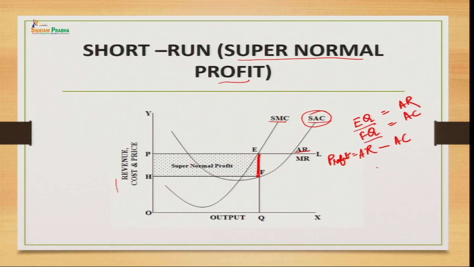When we multiply this per unit profit with the total output, because we are going to find out the total profit of the firm, we can say that this area FHPE is your supernormal profit area, right. The firm is able to earn profit because here the revenue is more than the cost.